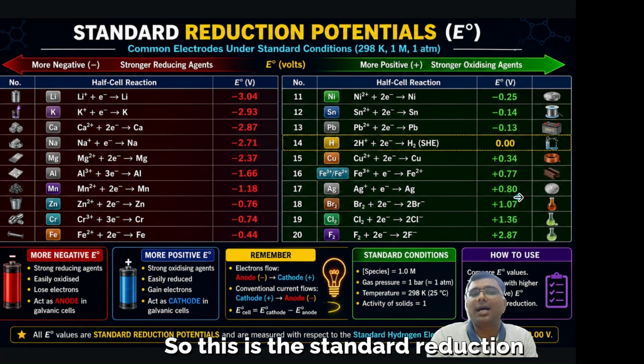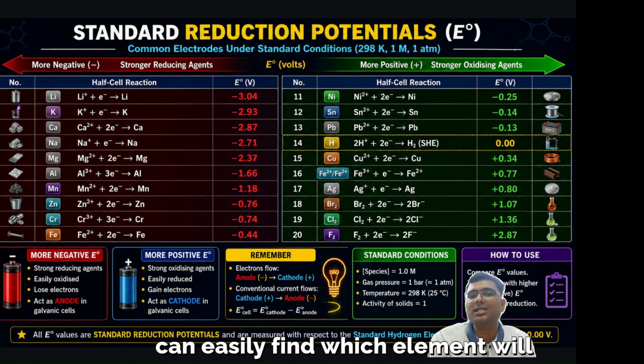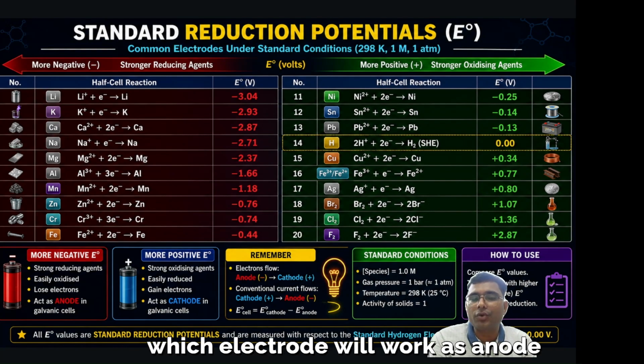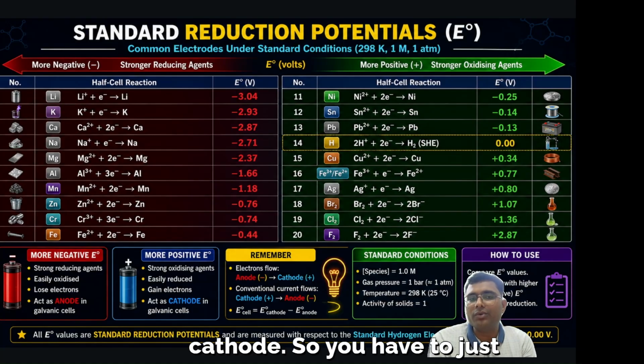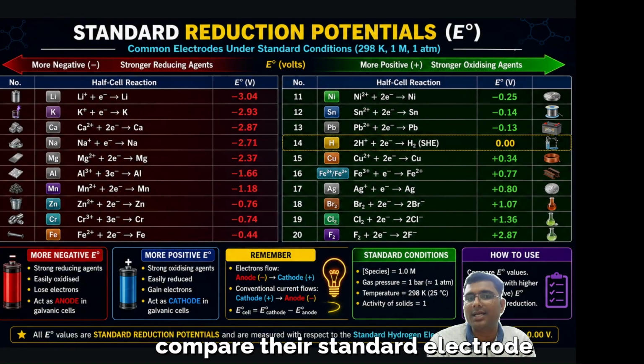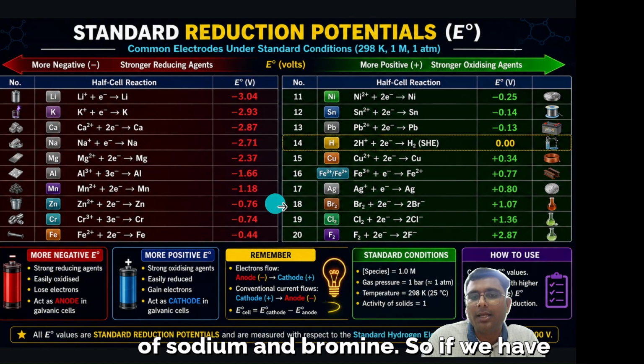This is the standard reduction potential table. Using this table, you can easily find which electrode will work as anode and which will work as cathode. You just have to compare their standard electrode potentials. For example, take sodium and bromine.